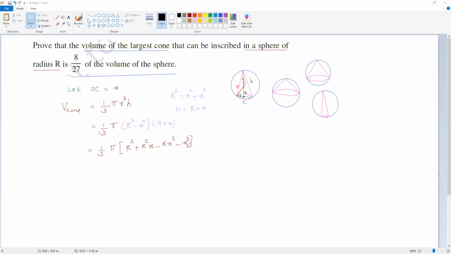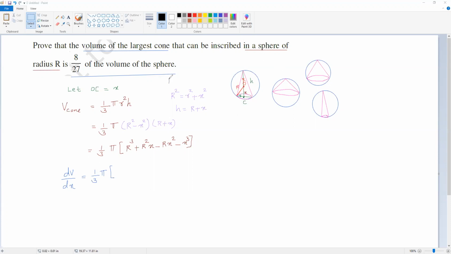Just multiply here. So now we have to differentiate, because we know that maximum or minimum exist at the critical points. Critical points are the points where the derivative is equal to 0 or undefined. So for that purpose, we need to find the derivative. So dV by dx: 1 by 3 pi is constant.